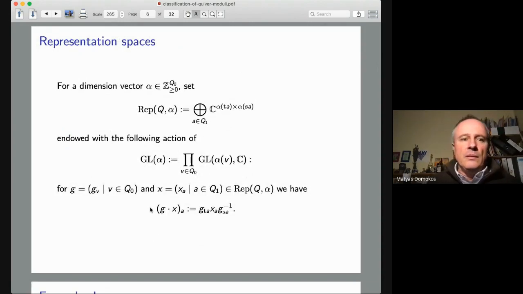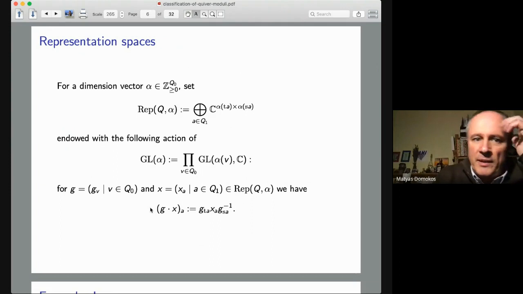The next thing to recall is the notion of representation spaces. We fix a dimension vector, alpha. So it's just a collection of non-negative integers associated to the vertices.